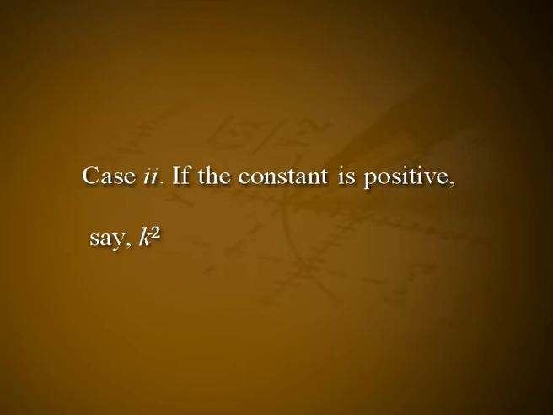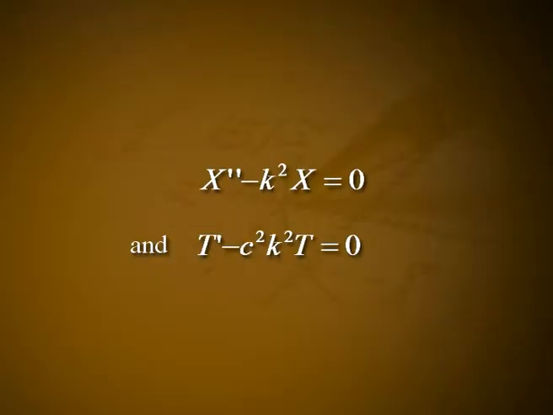Case 2: if the constant is positive, say k². In this case, we will get two ordinary differential equations, X″ − k² X = 0 and T′ − c² k² T = 0, whose solutions are X = c1 e^(kx) + c2 e^(−kx), and T = c3 e^(k² c² t), where c1, c2 and c3 are arbitrary constants.